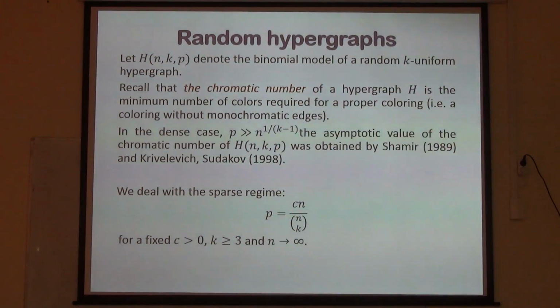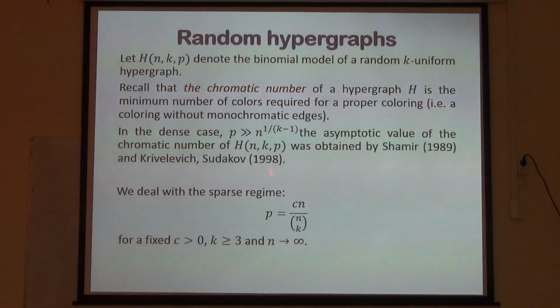And we deal with the sparse regime again, when the number of edges is a linear function of the number of vertices. So p is equal to cn over n choose k. We consider that c is fixed, k is also fixed, and n is a large parameter which tends to infinity.